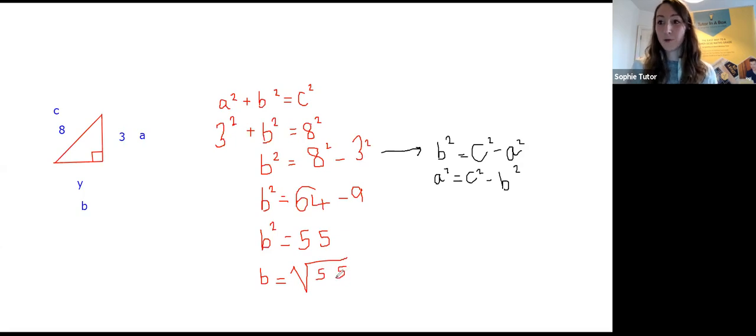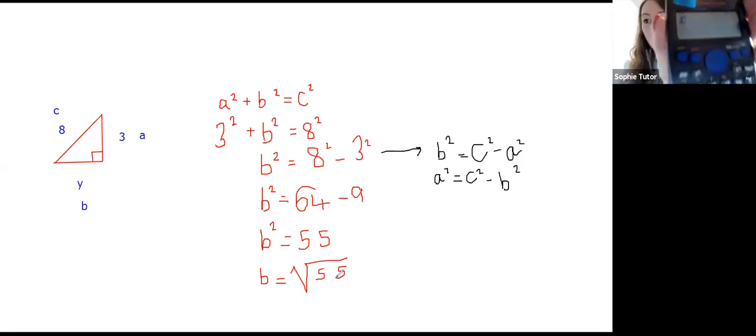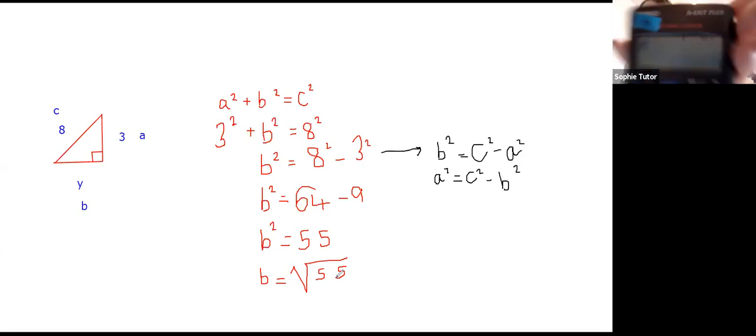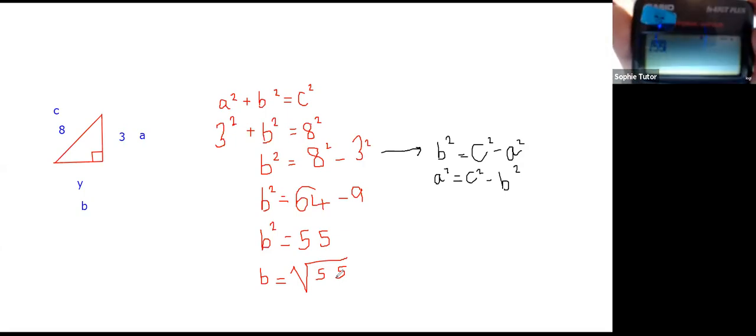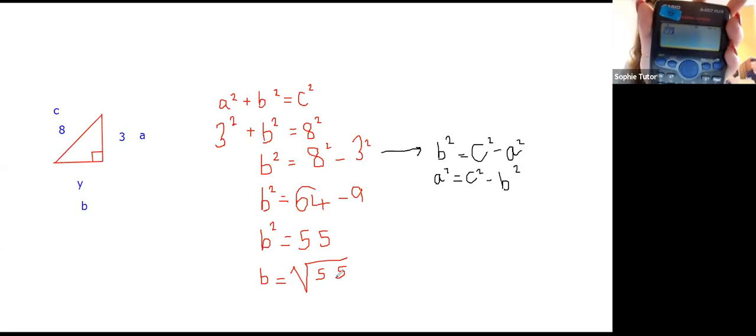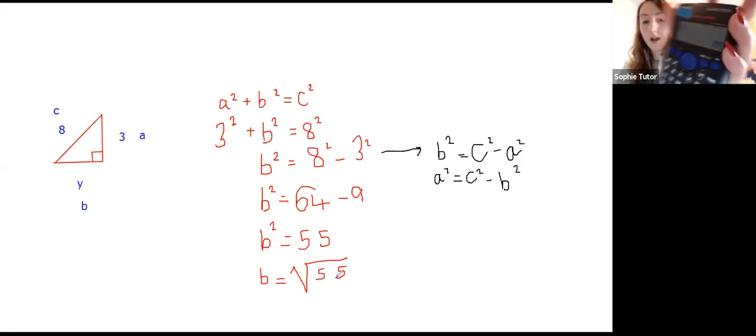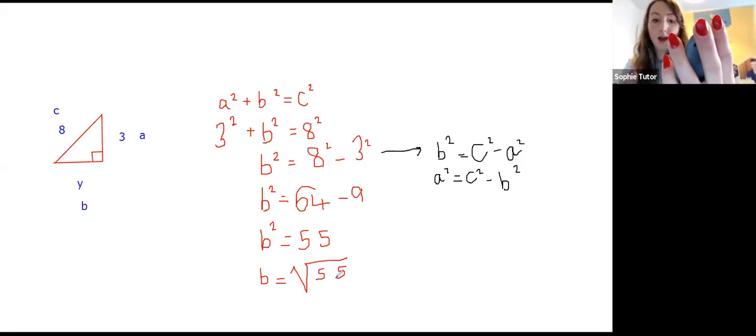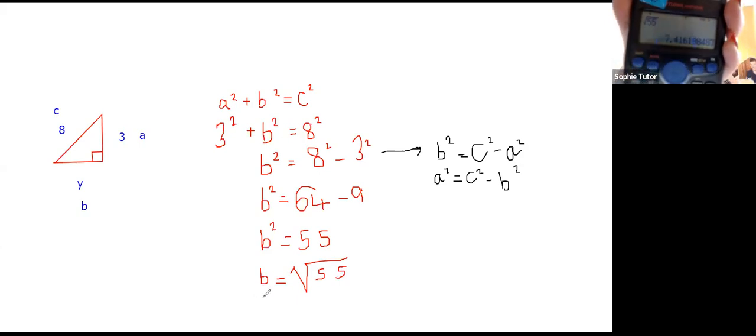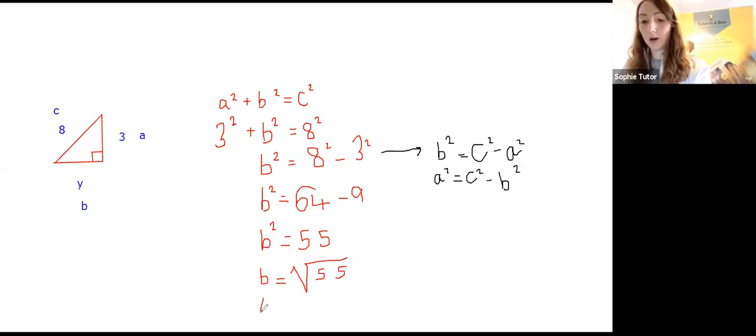Now again, we can use our calculators to do this. We press the square root sign and then we type in the digits 55. So it looks like that. We then press enter and then the S to D button if it doesn't come up automatically, and it gives us a number, 7.416.